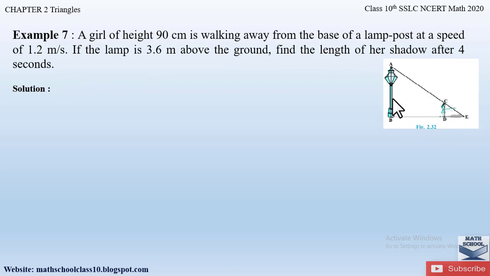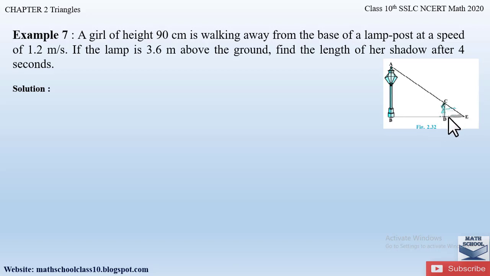You have a girl standing next to a lamp post. Her height is 90 centimeters. Now she is walking away from the base of the lamp post at a speed of 1.2 meters per second. The height of this lamp post is 3.6 meters above the ground. Now we have to find the length of her shadow.